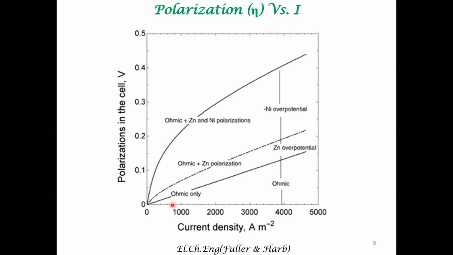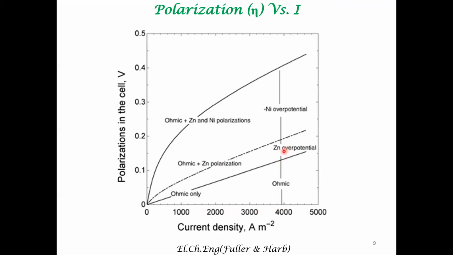So as you can see, there will be a linear drop for ohmic potential. That's the nature of the underlying physics. But the polarization at the 2 electrodes has a nonlinear feature. So this is the ohmic potential, which increases linearly as the current density increases.